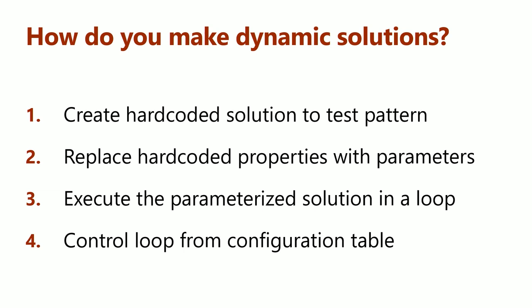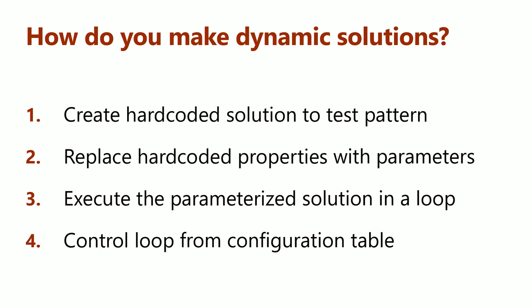And like I mentioned, parameters, variables, expressions, functions, loops, and lookups. There are a couple of things that I didn't show you in the session here today. The alternative to lookup, if you're working with files, is get metadata. There's also an activity called get metadata that you can use to get, for example, the list of files inside of blob storage or data lake storage, if you want to loop over that instead.